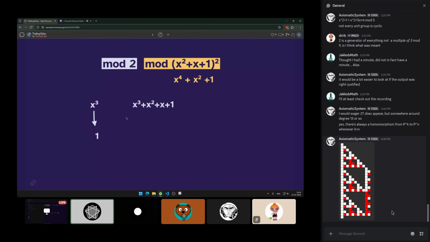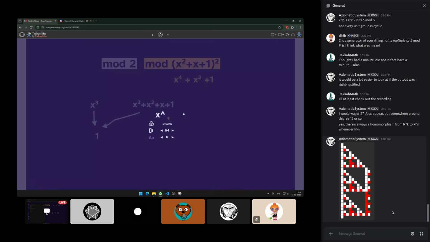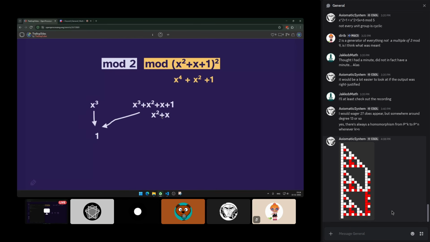So it also goes to 1. Right. And then what is the other one? Oh, yeah, it is x squared plus x. Since that squares to x to the 4th plus x squared. So then with the modulus, that cancels. Yep. Yeah.